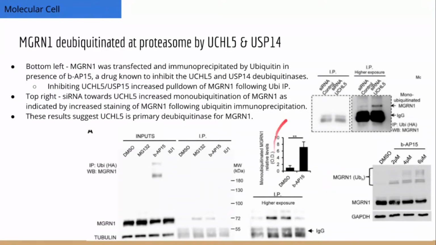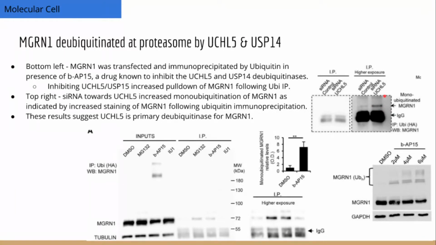Either way, on the right, we see the result of UCHL5 knockdown using short hairpin RNA. So in this condition, they're using short hairpin RNA or siRNA to knock down UCHL5. And when you do that, you see this increase in the band right here. And this is actually monoubiquitinated MGRN1. So when you inhibit the deubiquitinase, you get more monoubiquitinated MGRN1.